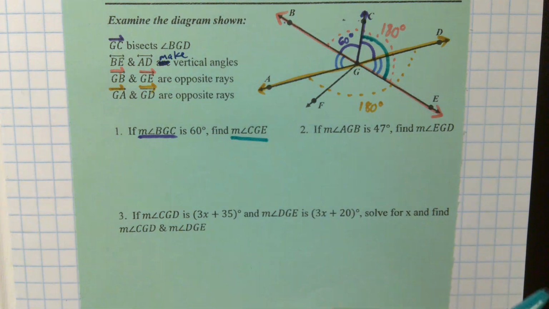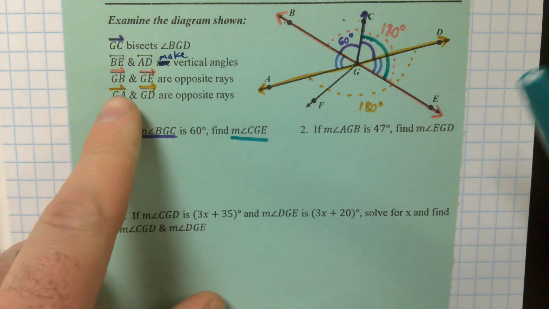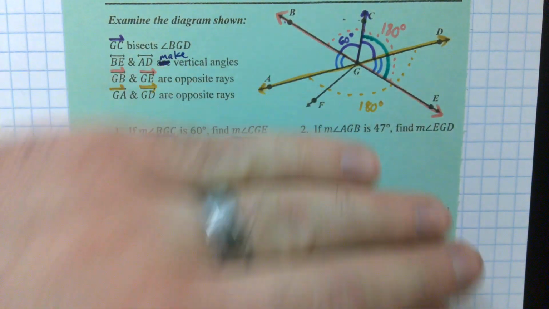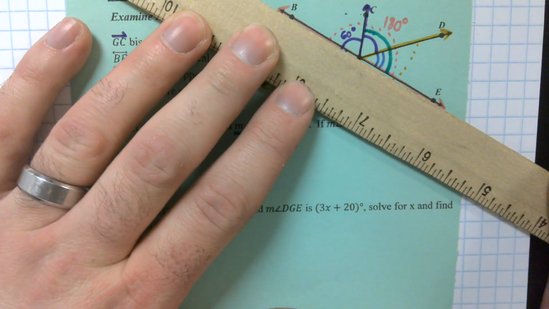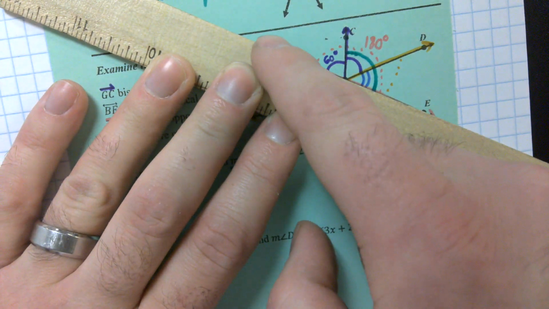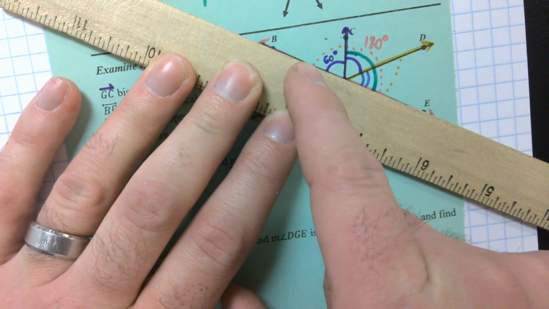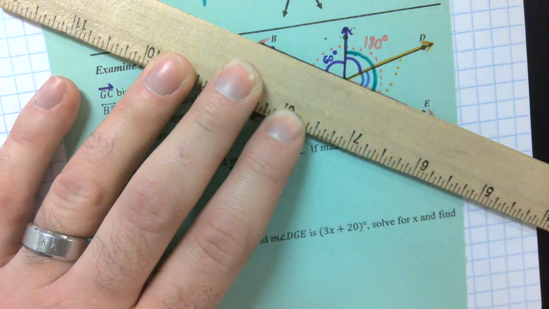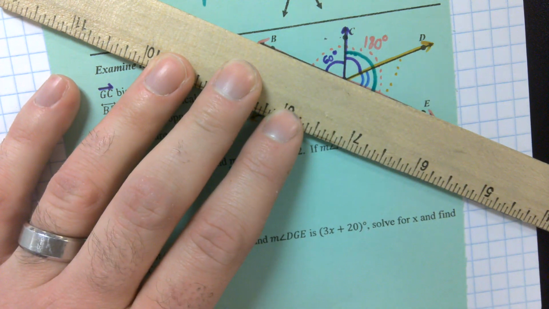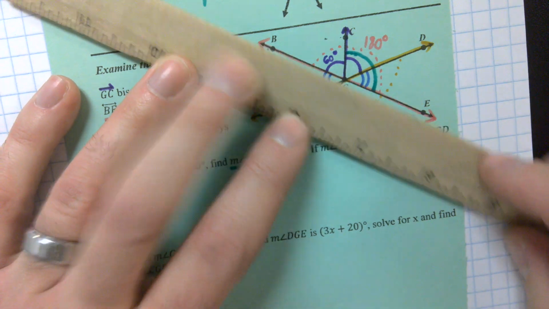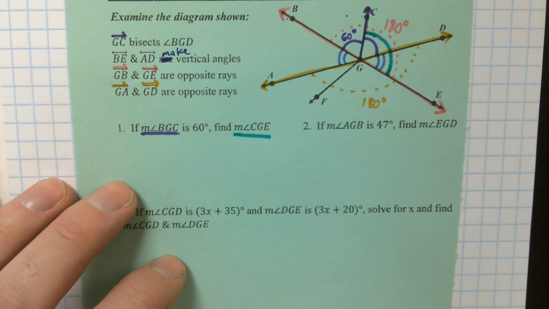Aaron? Perfect. Exactly right. So I'm going to ignore this bottom half real quick. Right? If I'm just looking at this, the whole thing in pink is 180. This little section is 60. What's the remaining section? Well, I can just do 180 minus 60, and that gives me my remaining section, right? Great job, Aaron. Thank you for that.